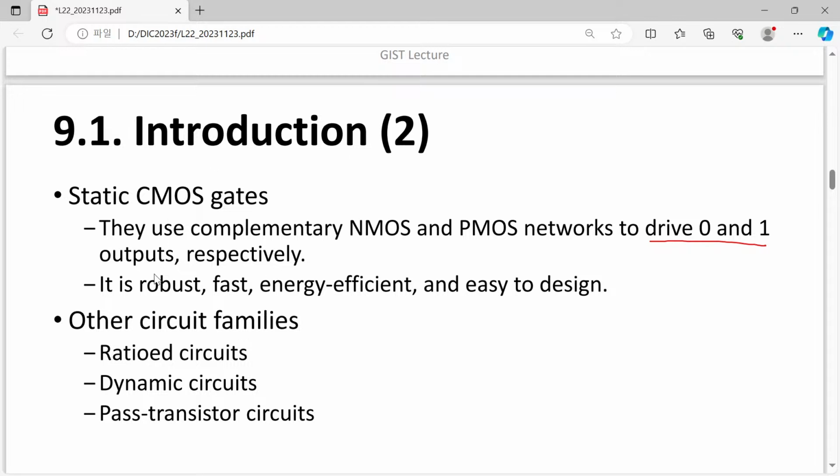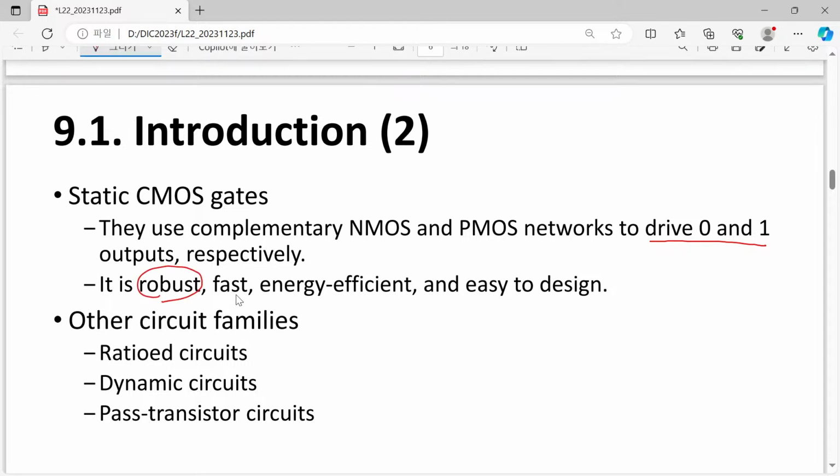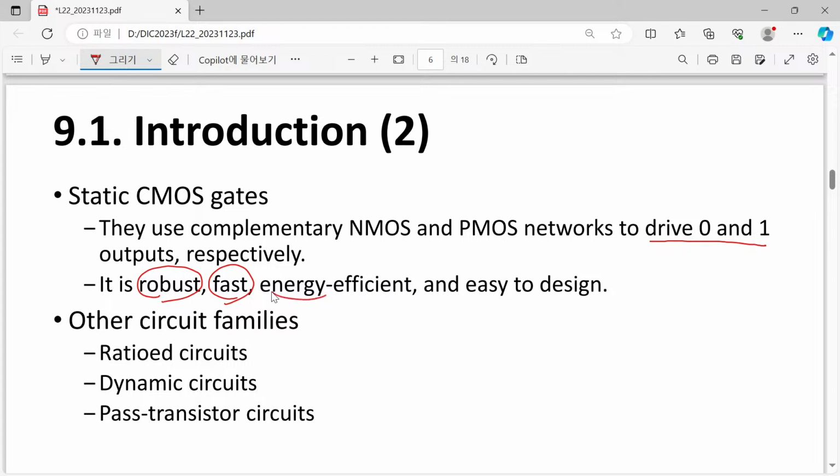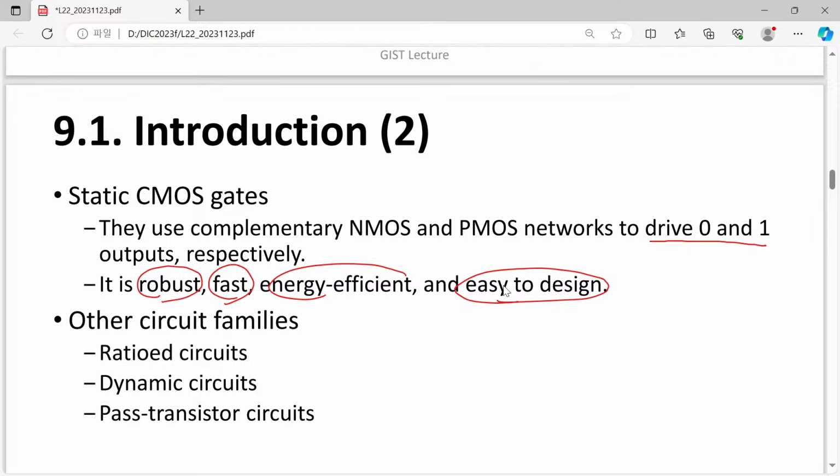It is robust, fast, energy efficient and easy to design, so it has many good properties. For general purpose, this static CMOS circuit is the one we have to choose.